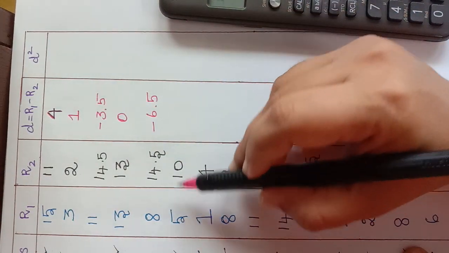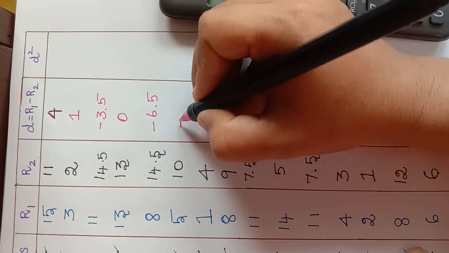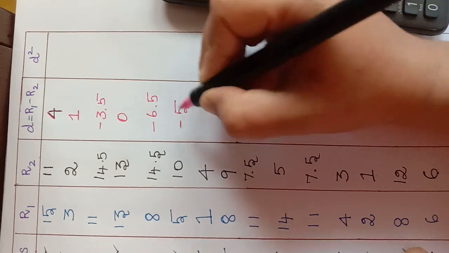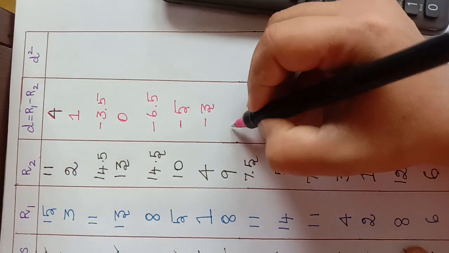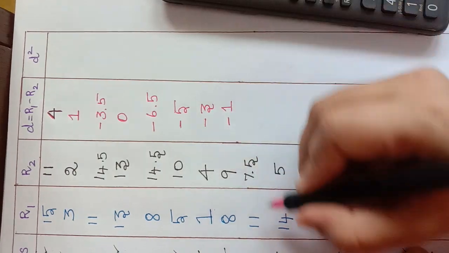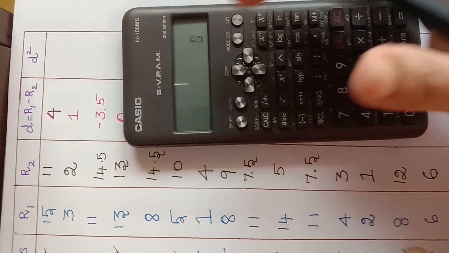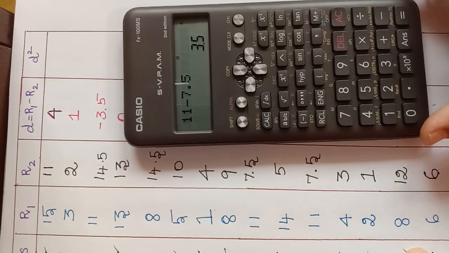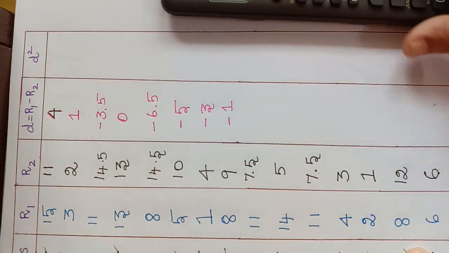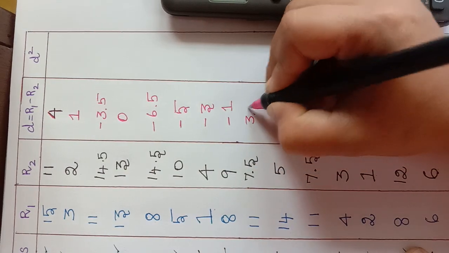Then we have 5 minus 10, which is minus 5. And then we have 1 minus 4, which is minus 3. 8 minus 9, so minus 1. 11 minus 7.5, and we get that to be 3.5. So let us write that. So 3.5.